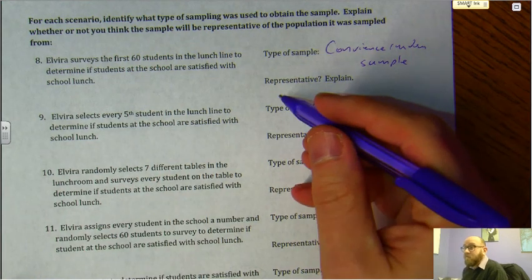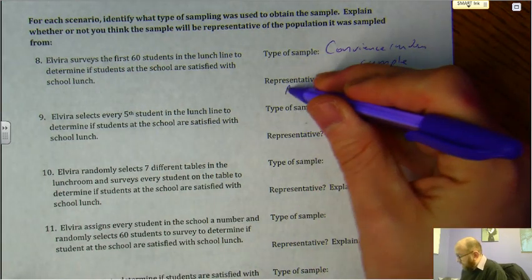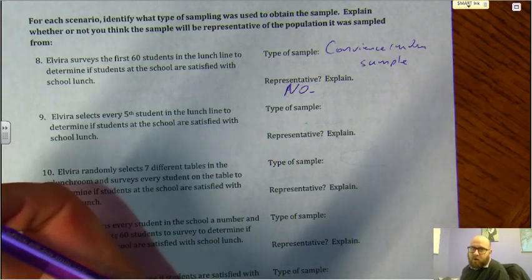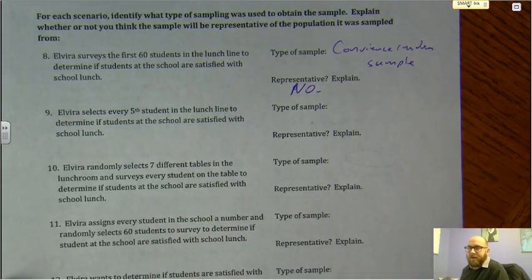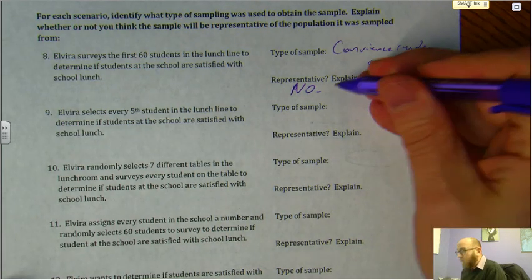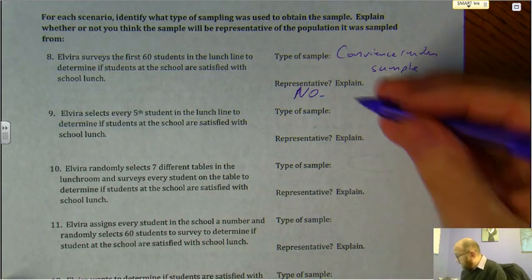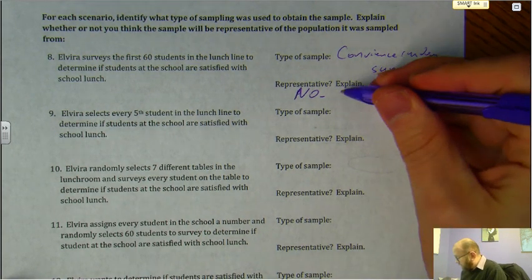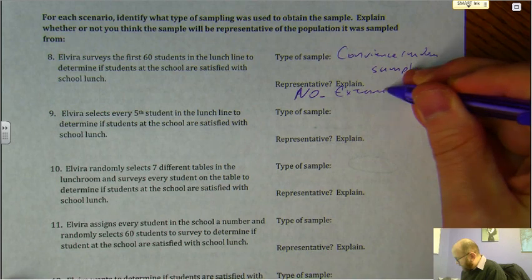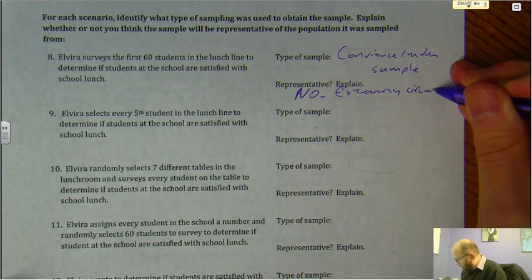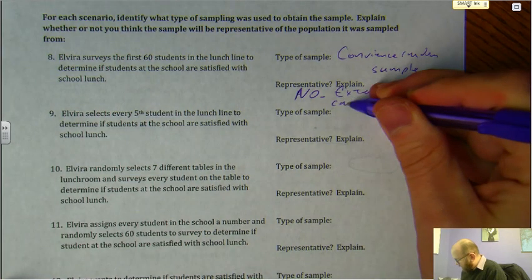And is this going to be representative? Probably not. We would say no. And why not? We have to explain. Why would this not be a representative sample? Well, the first people, why are they the first people? There might be extenuating circumstances that cause them to be first.